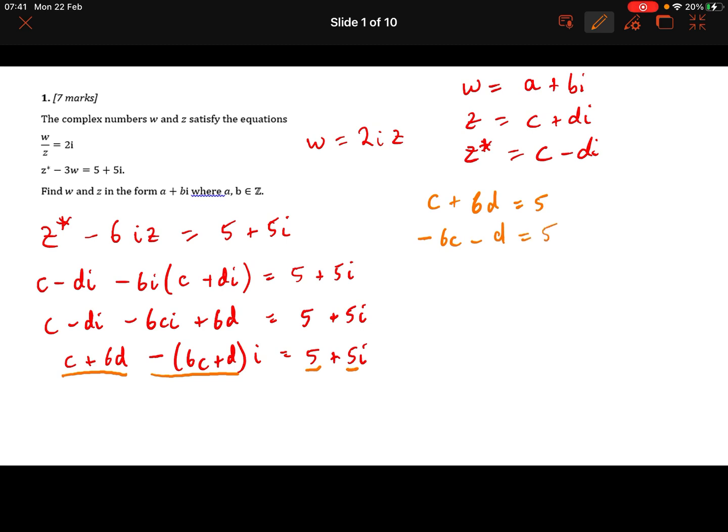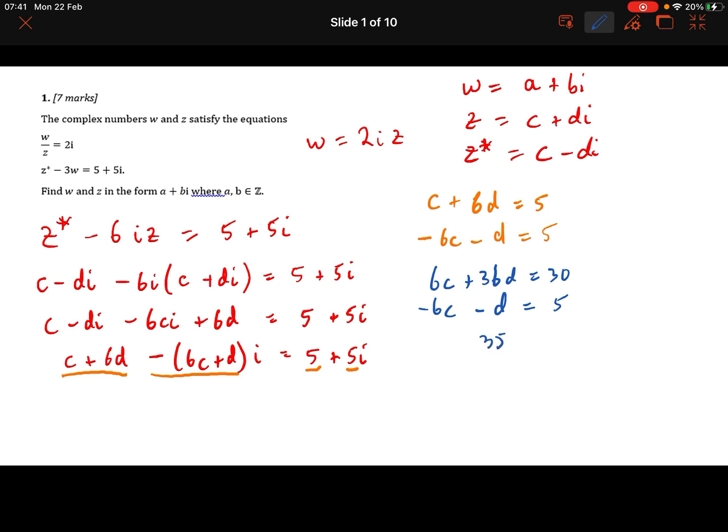So we need to solve for c and d now. Let's multiply the top equation by 6: 6c plus 36d equals 30. Then minus 6c minus d is equal to 5.